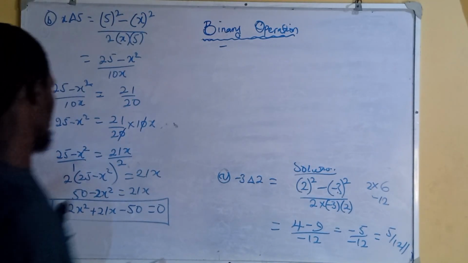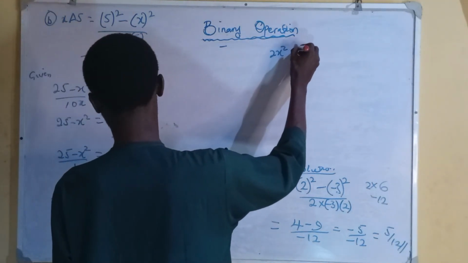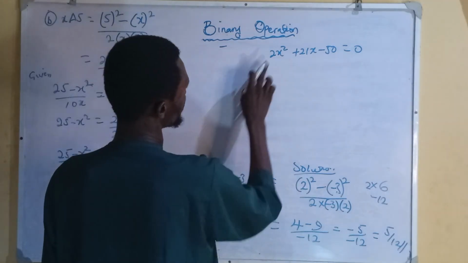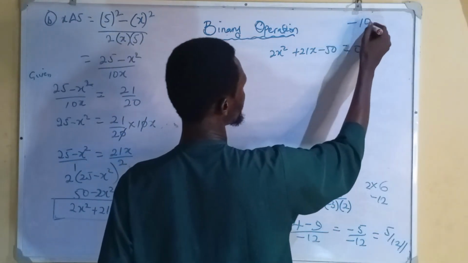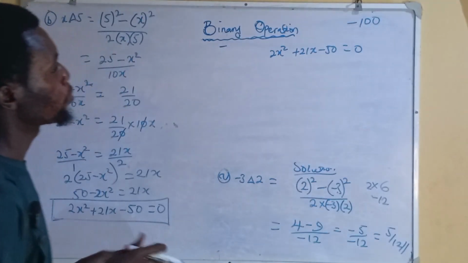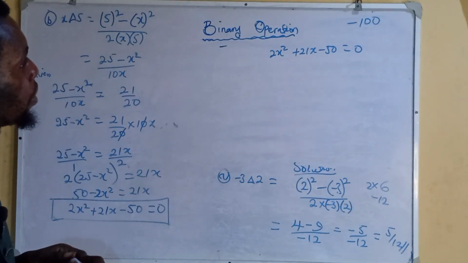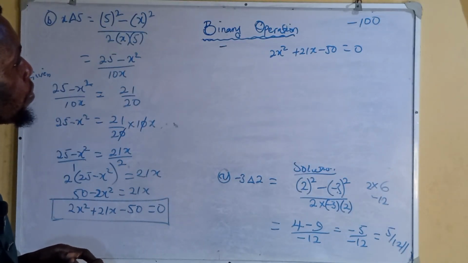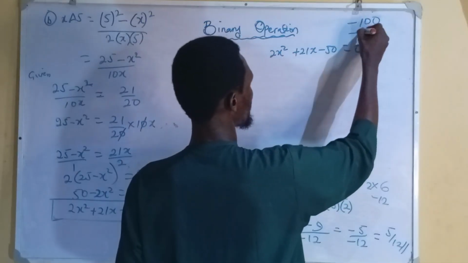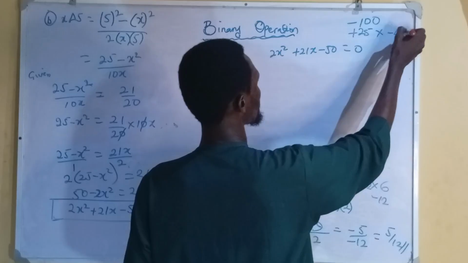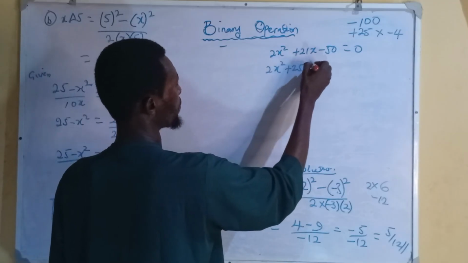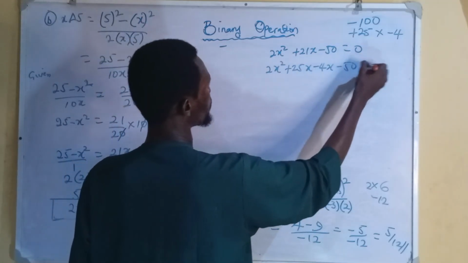So let's see. You have 2x squared plus 21x minus 50 equals 0. If you multiply 2 and minus 50 together, you're going to have minus 100. So what two factors of minus 100 will give us plus 21 if they're added together? I think that would be plus 25 and minus 4. So you have 2x squared plus 25x minus 4x minus 50 equals 0.